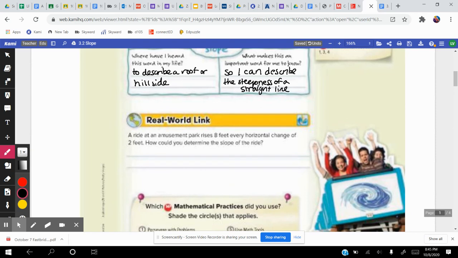The real world link. A ride in an amusement park rises 8 feet every horizontal change of 2 feet. How could you determine the slope of the ride?